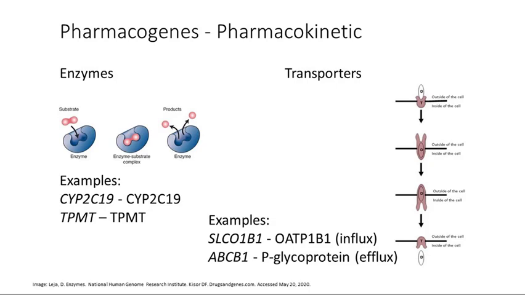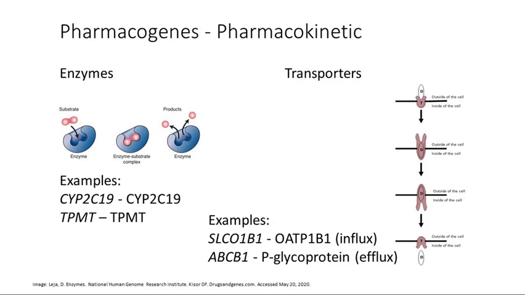The vast majority of drugs really are administered in their active form. Some drugs are prodrugs. They're not active, and you have to convert them to the active form. But today we're going to talk mostly about the active form. So here, an active drug is being converted by CYP2C19 to a metabolite. Same thing with thiopurine methyltransferase. And we see the genes that produce the gene products, the proteins.